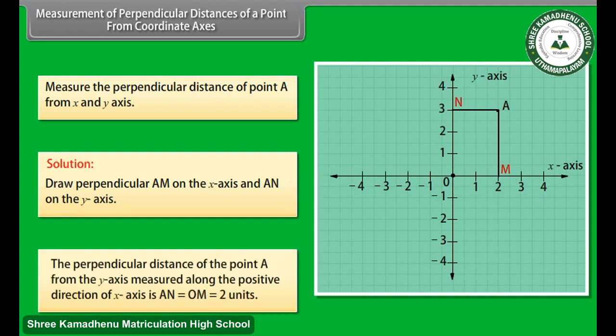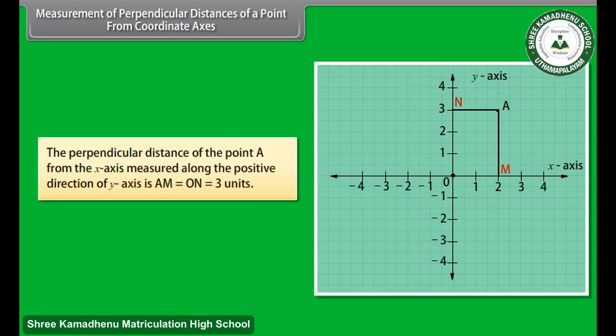We can see that the perpendicular distance of the point A from the y-axis, measured along the positive direction of x-axis, is AN equal to OM, which is equal to 2 units. And the perpendicular distance of the point A from the x-axis, measured along the positive direction of y-axis, is AM equal to ON, which is equal to 3 units.